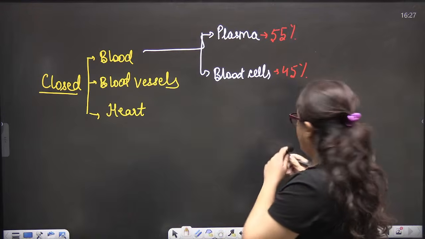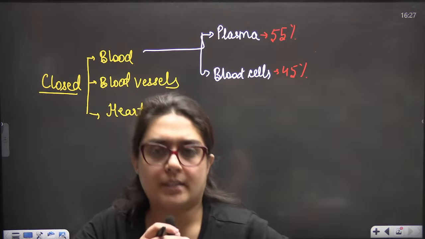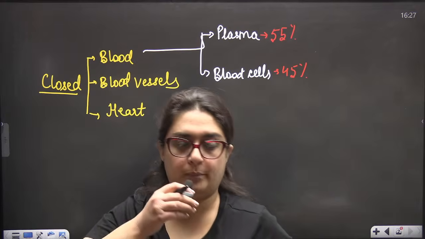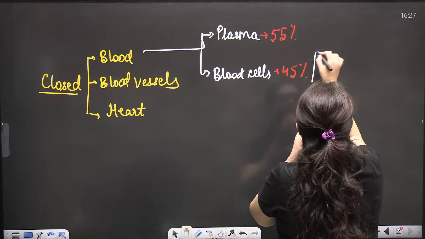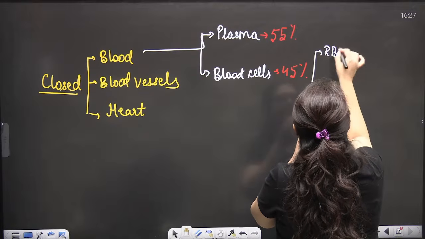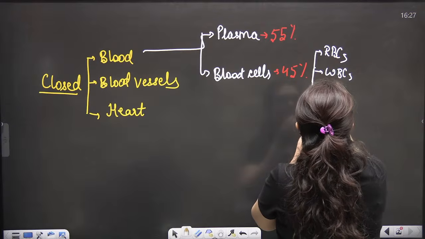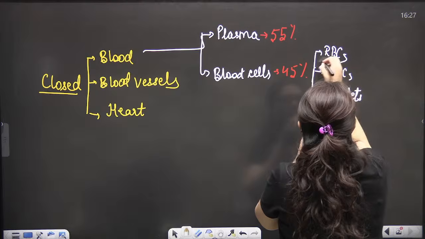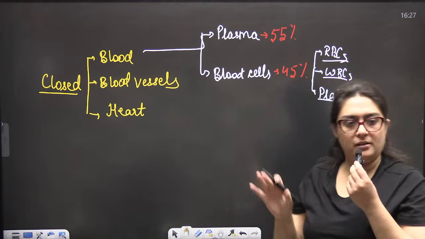Plasma contains all the ions, the minerals, the substances that are transported all around the body. Blood cell types: RBCs, WBCs, and platelets.